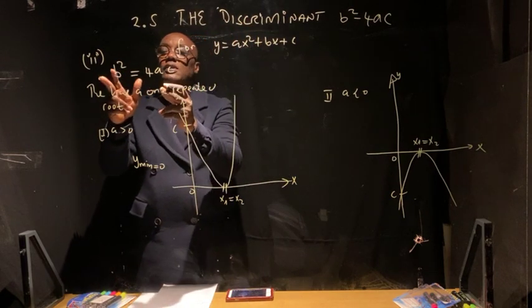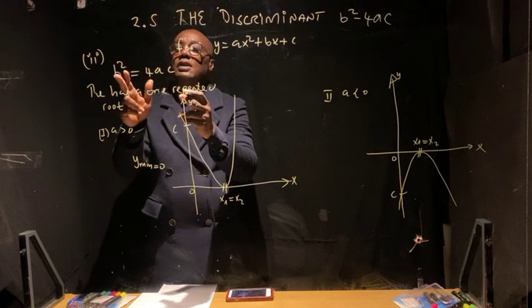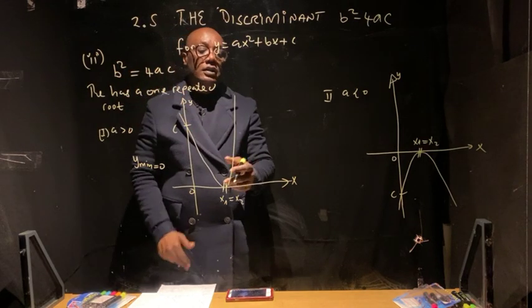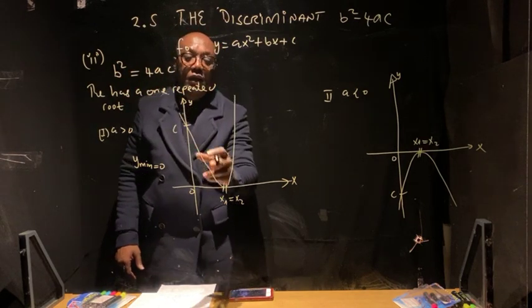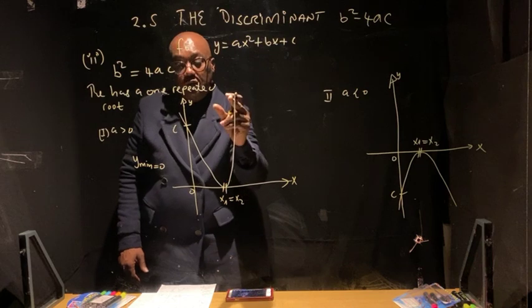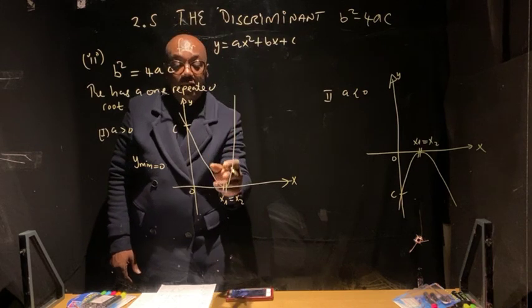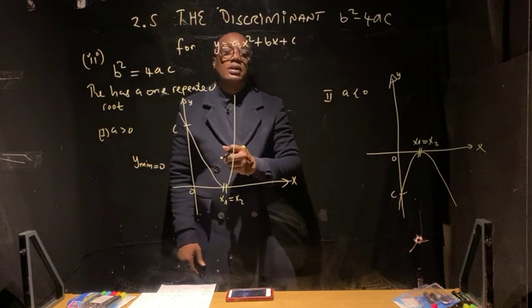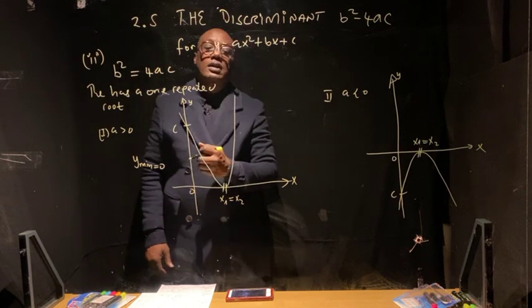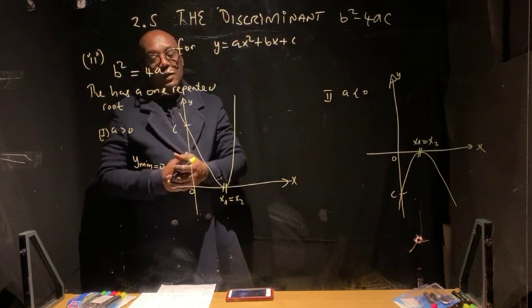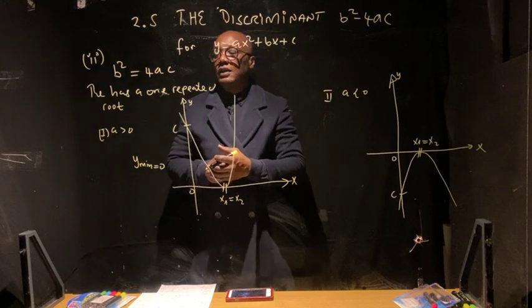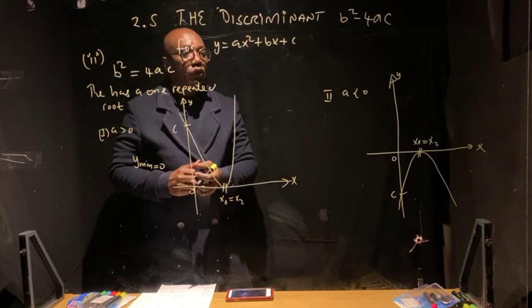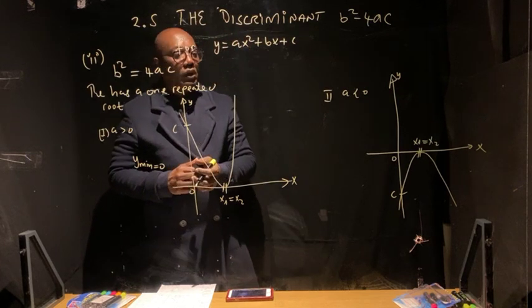When the left-hand side is equal to the right-hand side, it indicates that the graph will touch the x-axis twice at the same point. That's why we say that it has one repeated root, and in some cases we say that it has a double root. Okay, that's point 2. Then take your time to copy it, and we'll pick it up from there.